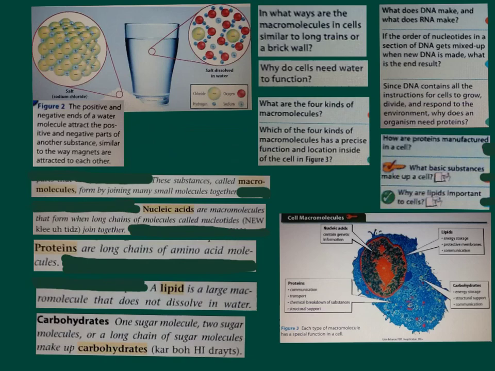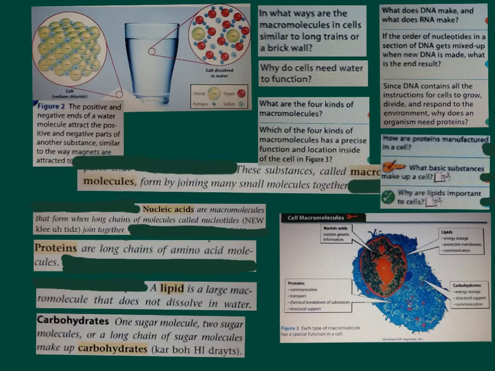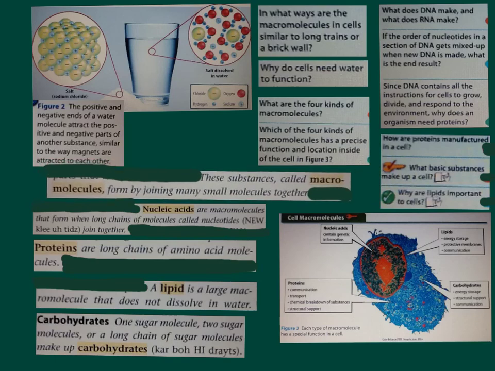Okay, so what I want you to do now is to write a definition. We're looking at this one right here. Macromolecules. This definition right here. Part of your vocabulary. These substances, called macromolecules, form by joining small molecules together.